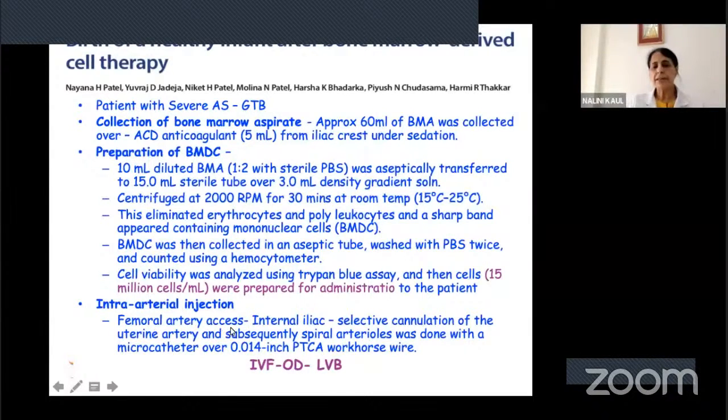The femoral artery is accessed, selective cannulation of the uterine artery is done through that, and then subsequently the spiral arterioles, and the cells were deposited into the uterus. They achieved a good endometrium and live birth through a donor cycle.